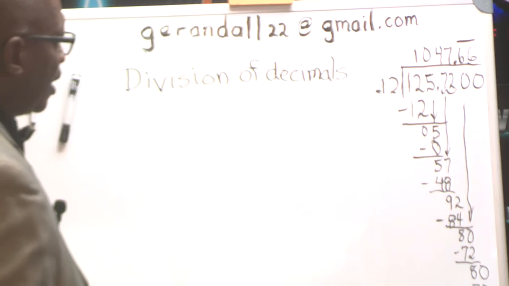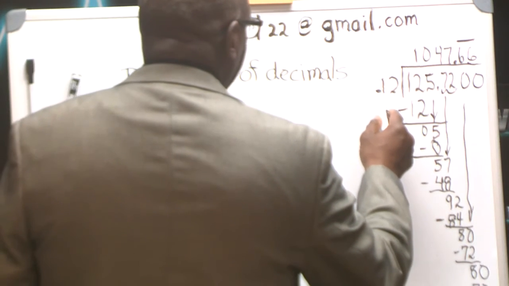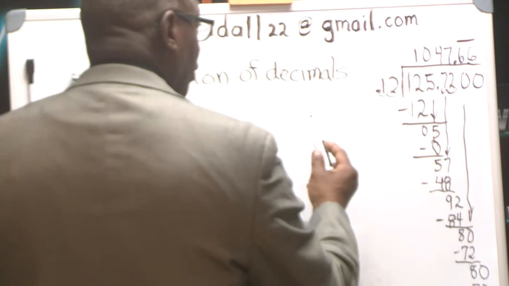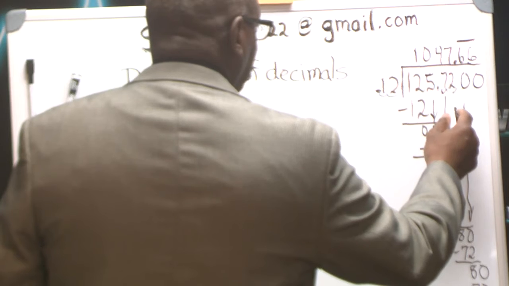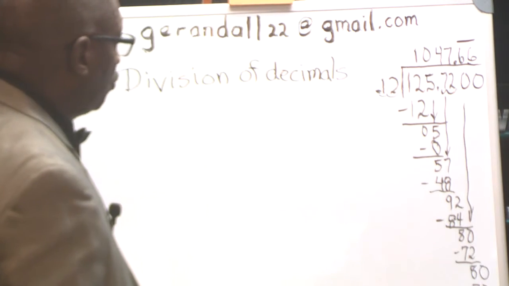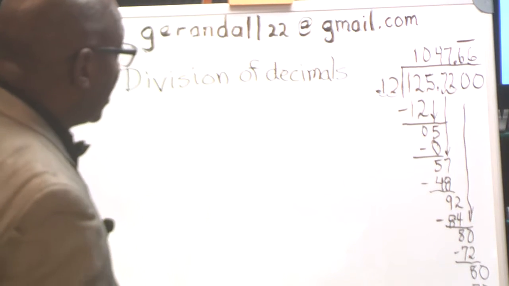Okay. Now, the first step is to move that decimal 2 places to the right. And whatever you do on the outside, you must move this decimal 2 places to the right and put a decimal here. Then you divide as though you did not have any decimals at all.